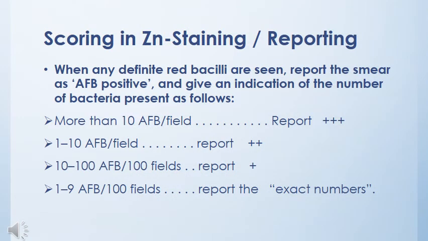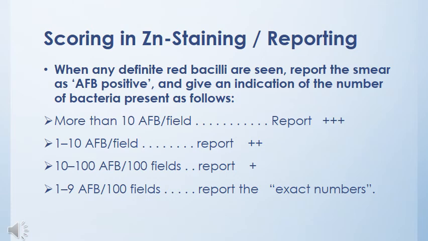This slide is very important, because if acid fast bacilli are present in any sample, how will anyone report their presence? Under the microscope, after staining the slide, we will observe at least 100 fields in the smear.